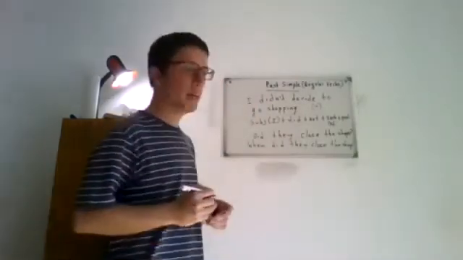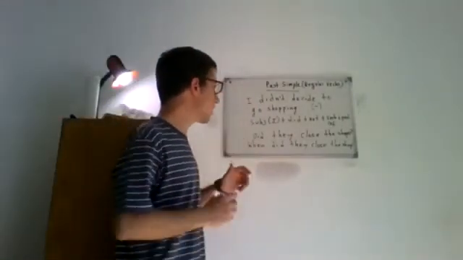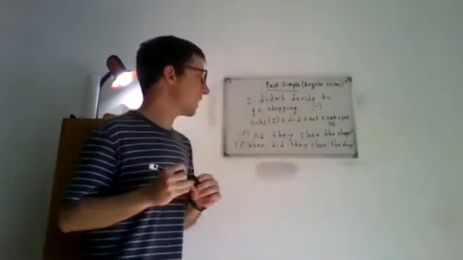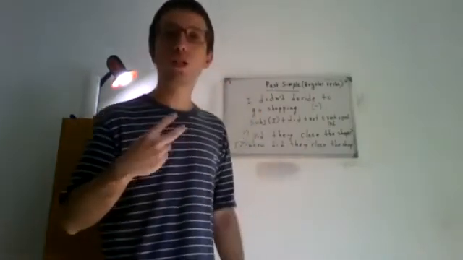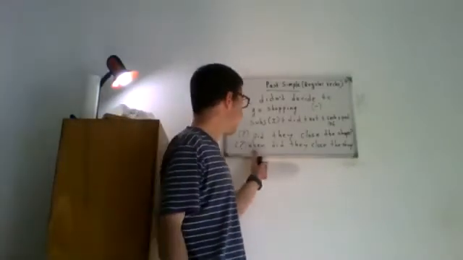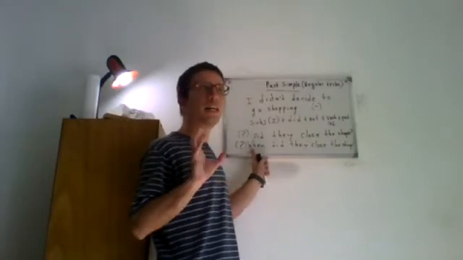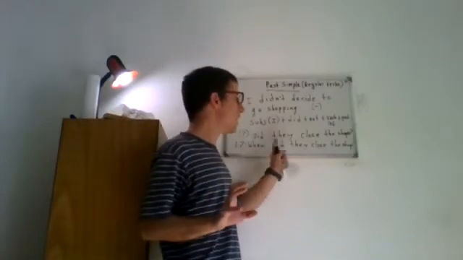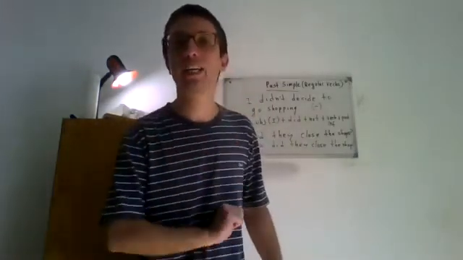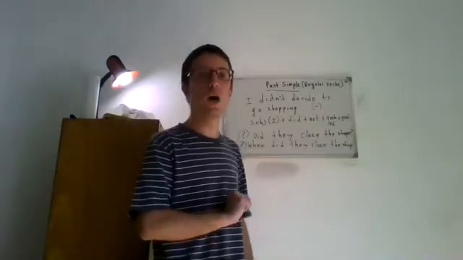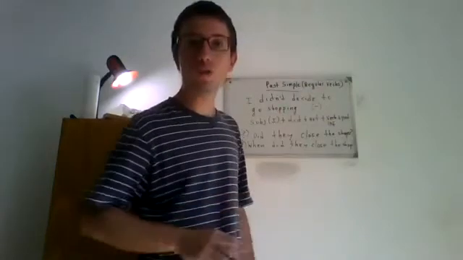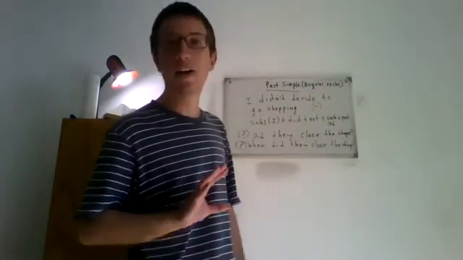Of course, both of them are interrogative, but there is a difference. When I say, did they close the shops, I'm asking for two possible answers: yes, they did, or no, they didn't. But in the other case, I'm looking for information about time. So I say, when did they close the shops during the quarantine, for example? Okay, so that is a general overview of the simple past of regular verbs.